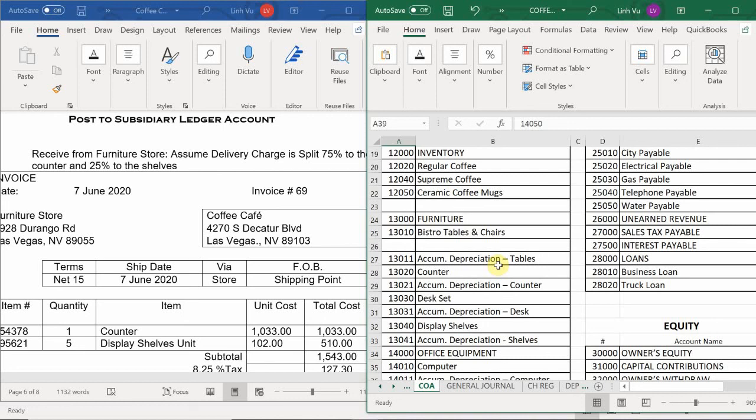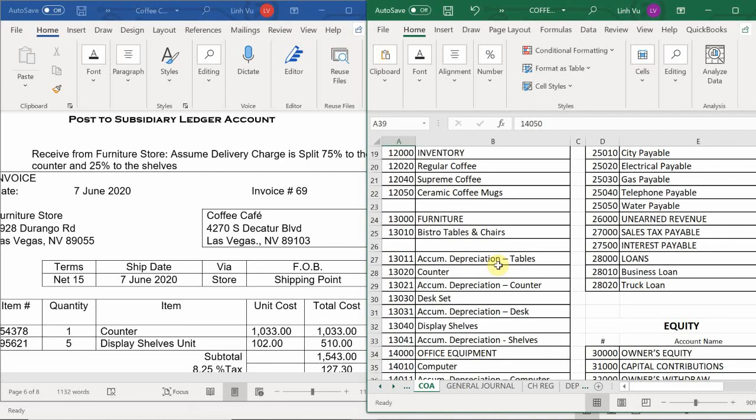Now, because we acquired another fixed asset, we bought furniture, that's considered a fixed asset. In this case, we need to calculate the total cost of each item, because we got charged tax and shipping.